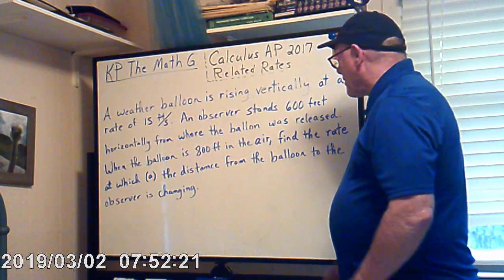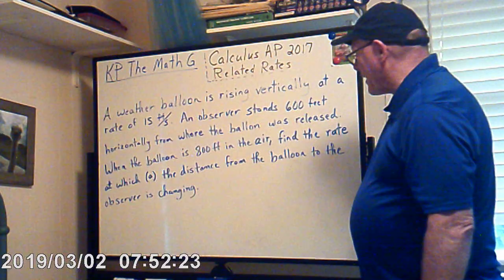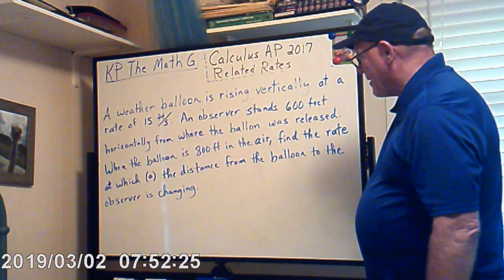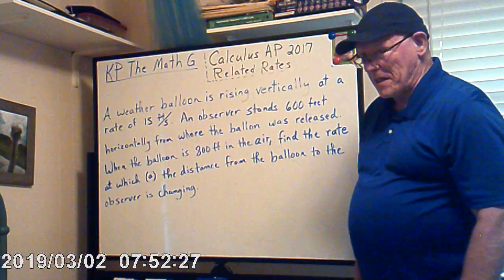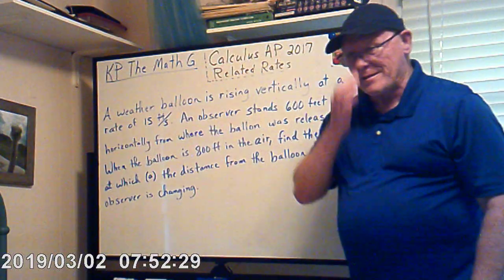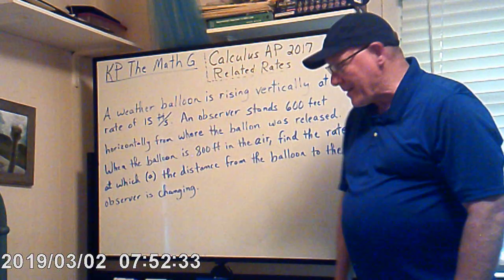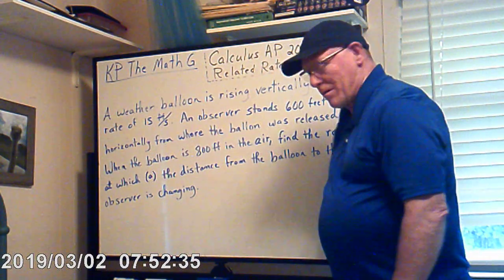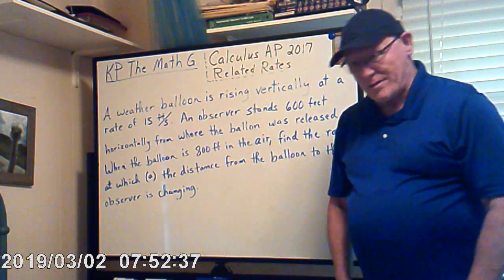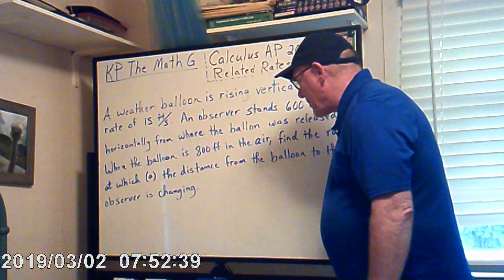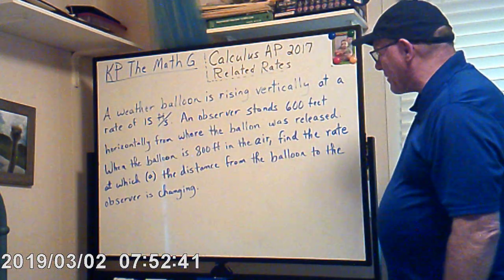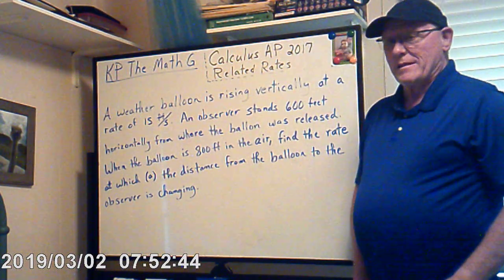This was done in 2017 on related rates, and this person has several related rate problems, and they did a really nice job with those. I worked several of them myself. This is probably one of my favorite related rate problems here.